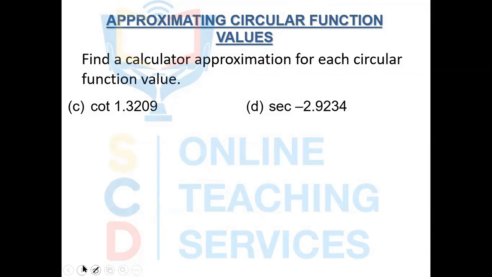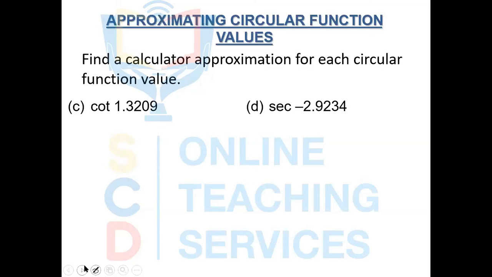Okay, now approximating circular function values. Find a calculator approximation for each circular function. So what is the value of cotangent 1.3209 using your calculator? How do you write that, sir? In your calculator.